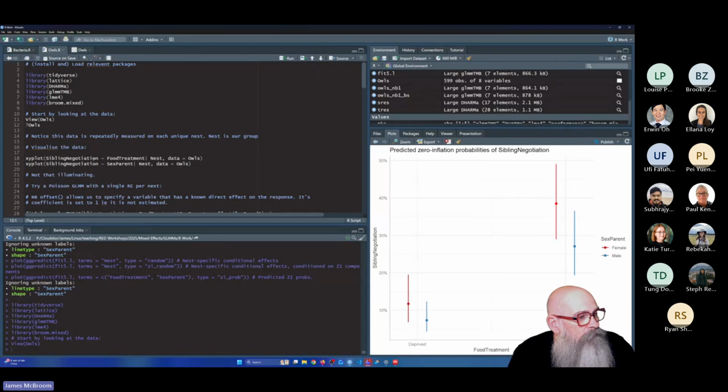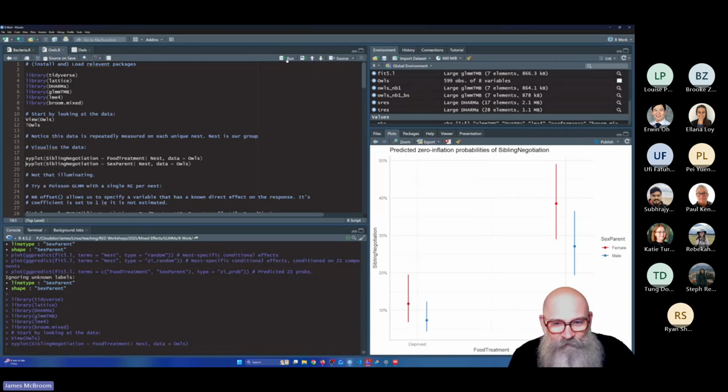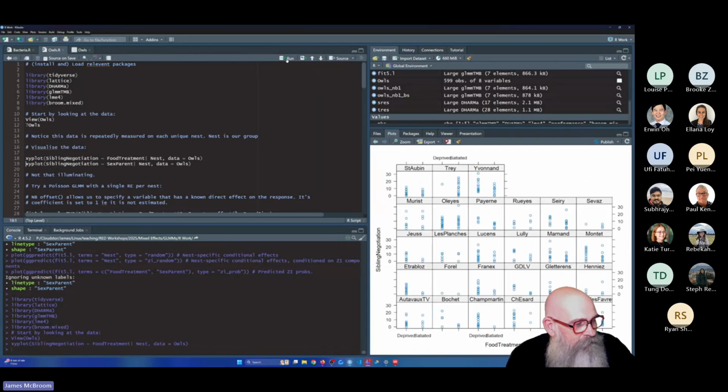All right, so the first thing we should always try to do if possible, and this is a pretty half-hearted attempt at visualization on my behalf, and I do apologize, but we should try to visualize the response and the major covariates. So here I've done the number of begging attempts, sibling negotiation on the y-axis by deprived or satiated state.